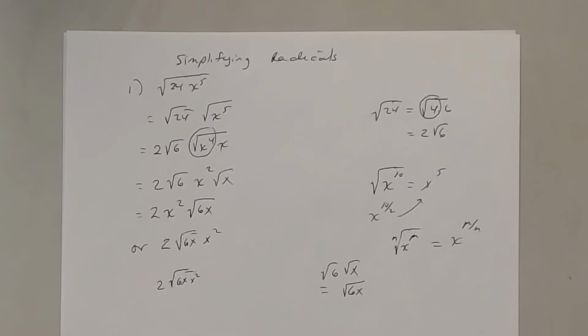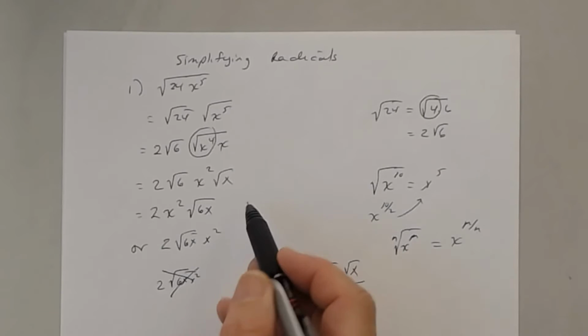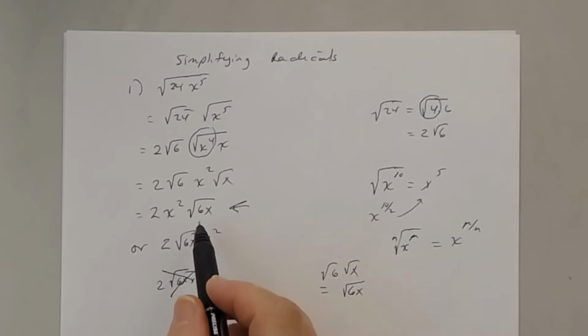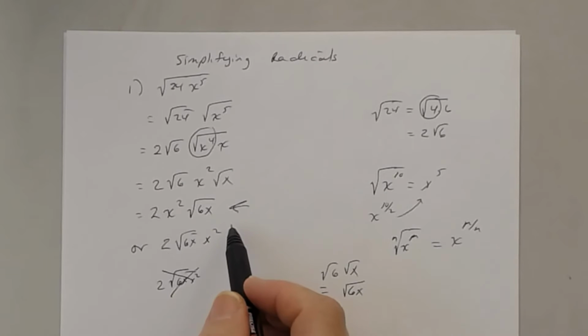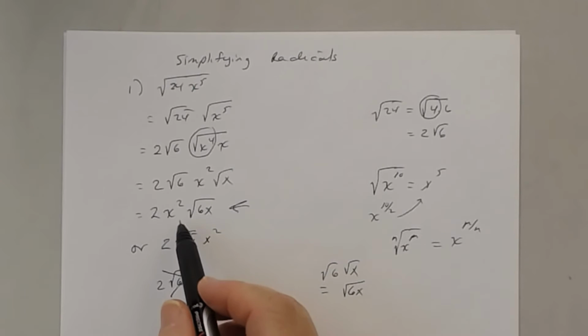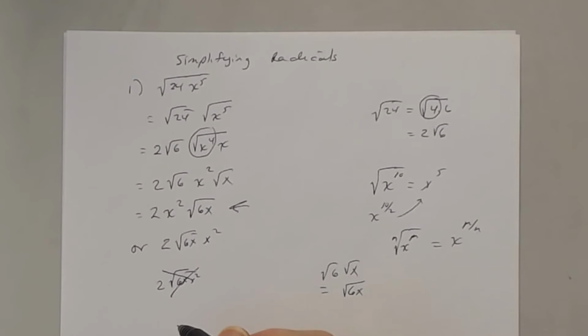So in your mind, you knew that it had to be on the outside, but you wrote it too close to the radical to where it looks like it's underneath. So in order to not make it look like that, just write it like this, with the square root of 6x on the outside, at the end of that expression. Okay? All right.